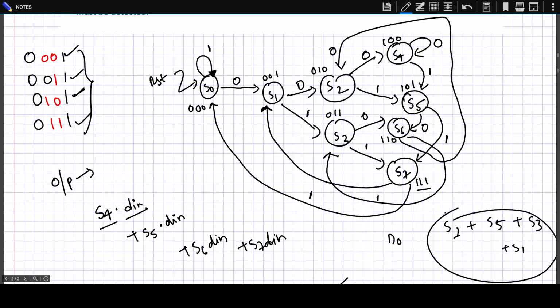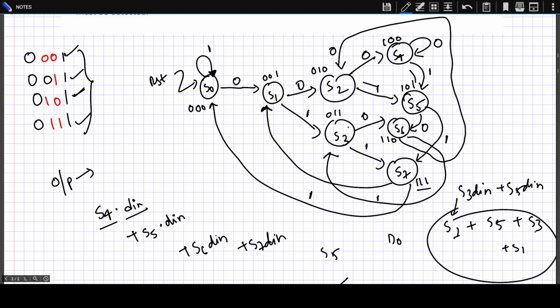What are the incoming inputs to those states? For S7, the incoming arrows are S3 times D in plus S5 times D in. For state S5, the incoming arrows are S2 times D in and S4 times D in.